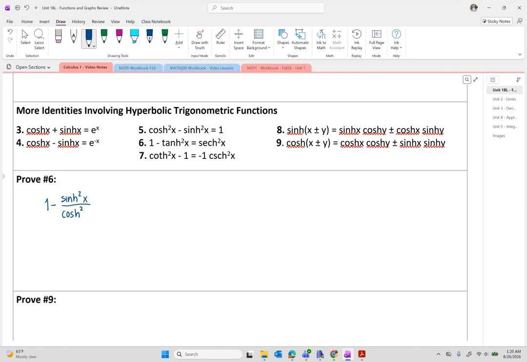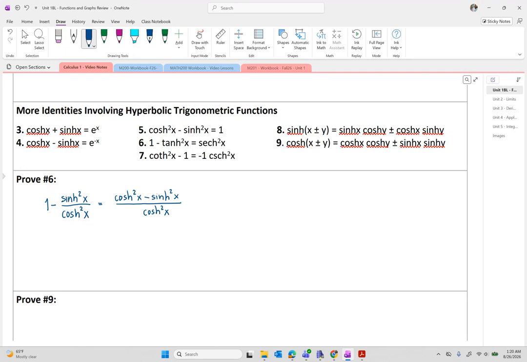Don't forget to square those. I want to add fractions with common denominator, so the 1 will be hyperbolic cosine squared over hyperbolic cosine squared minus hyperbolic sine squared over hyperbolic cosine squared. I can add them both as fractions with common denominator.